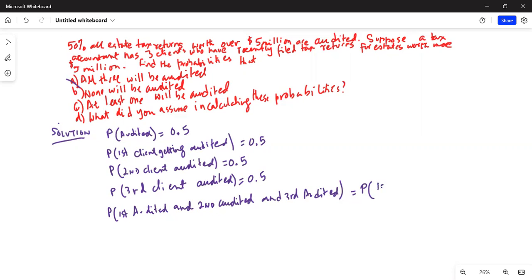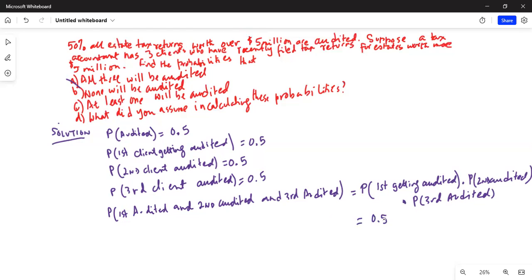So the probability of first getting audited times the probability of second audited times the probability of third audited. We are multiplying the probabilities to find the joint event where all 3 get audited because these are independent events.